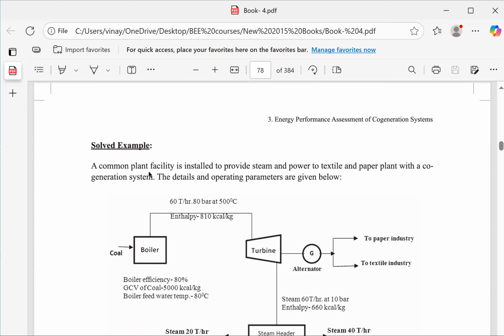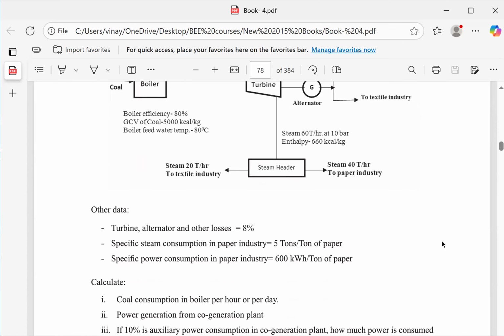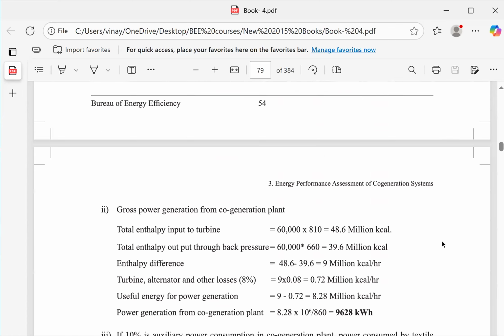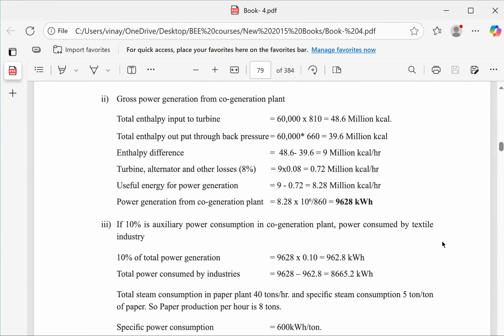Then there are solved examples on the topping cycle as well as the bottoming cycle. These are the two examples he has solved. Again, I will repeat my instructions. Understand this example which is solved and given in the book. Try to solve it yourself. Go back to the book where you have not understood.